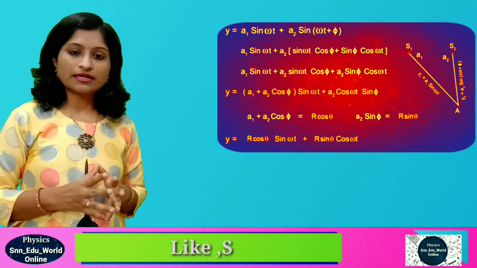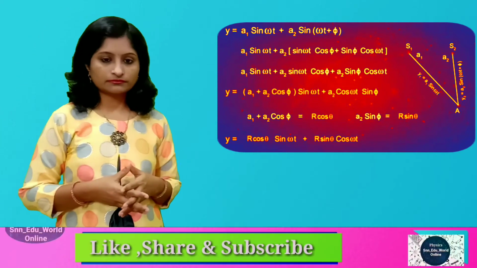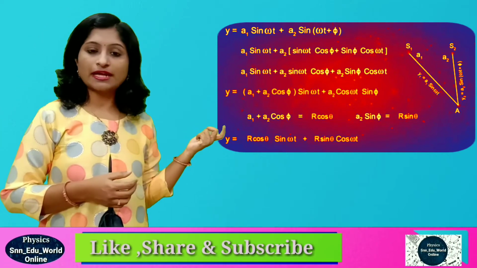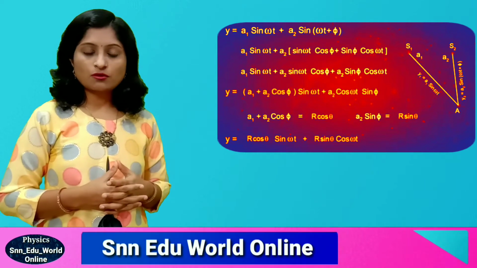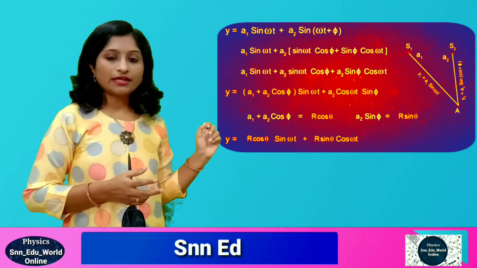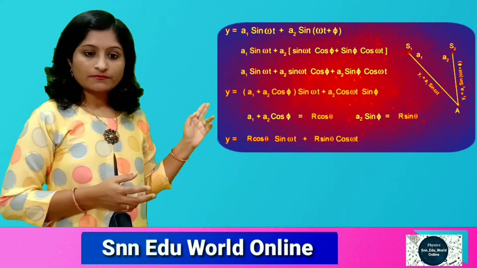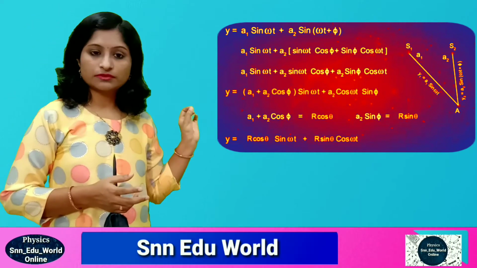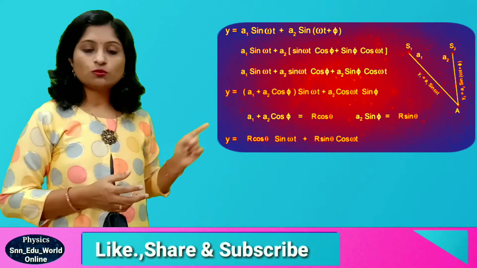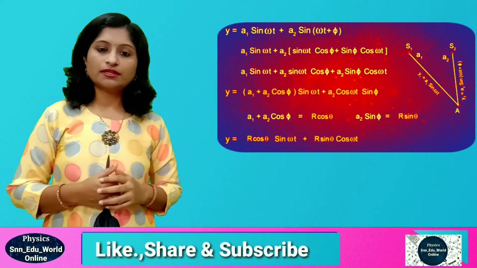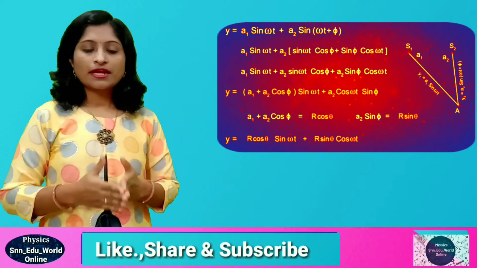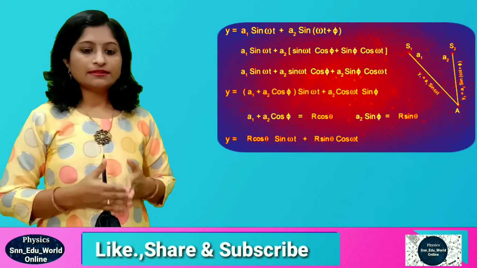It is only a single term, so keep it aside. In the similar terms, keep sin omega t common. So y = (a1 + a2 cos phi) sin omega t + a2 cos omega t sin phi.